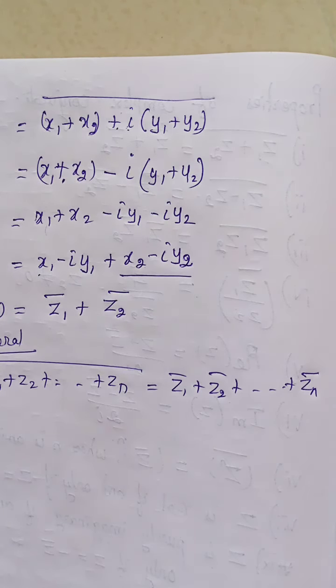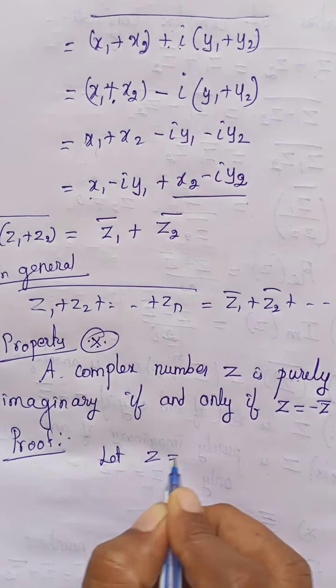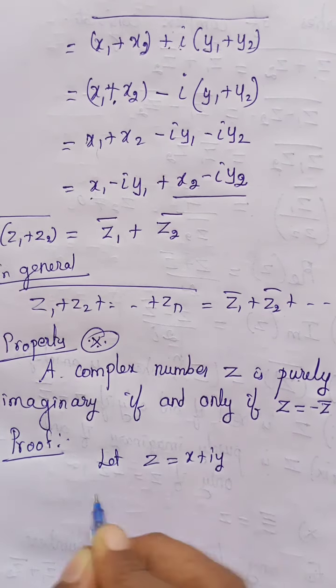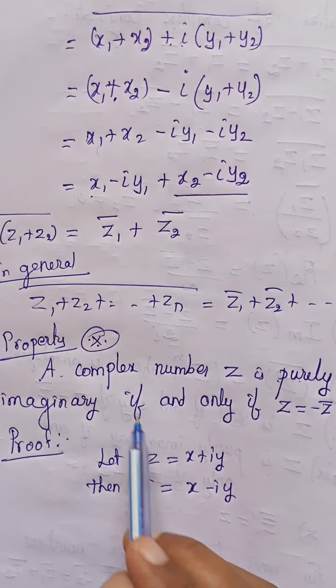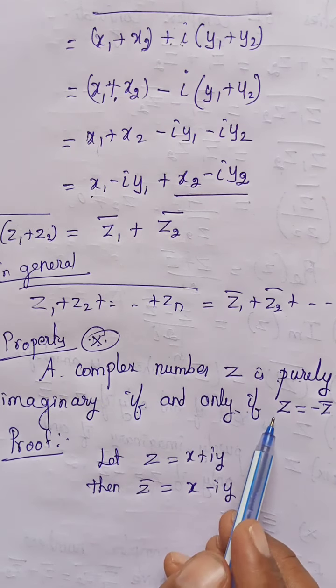See the next property: a complex number z is purely imaginary if and only if z is equal to minus z bar. Important. Let z equal x plus iy. Then what is z bar? We know that is x minus iy. Since it is if and only if, both parts we should prove.